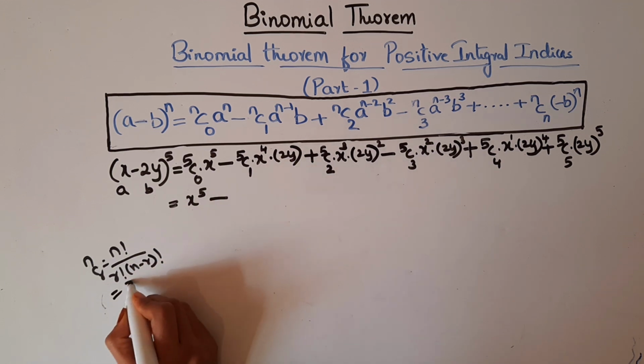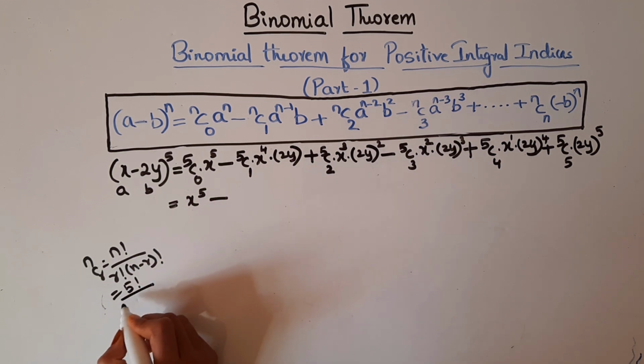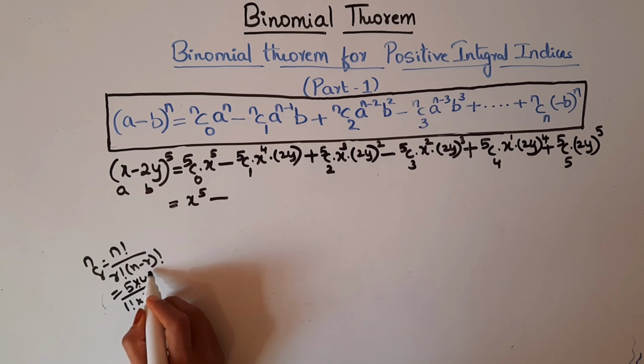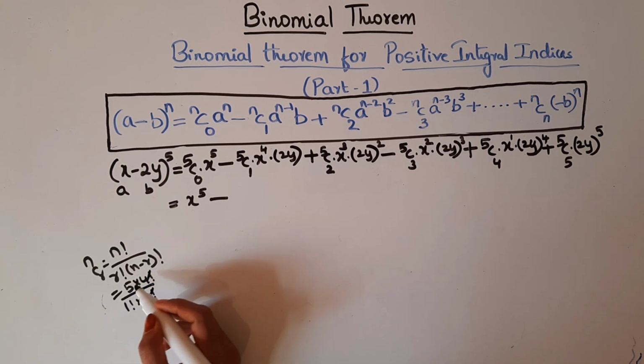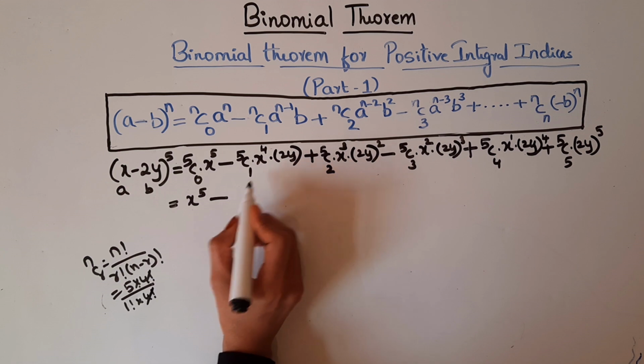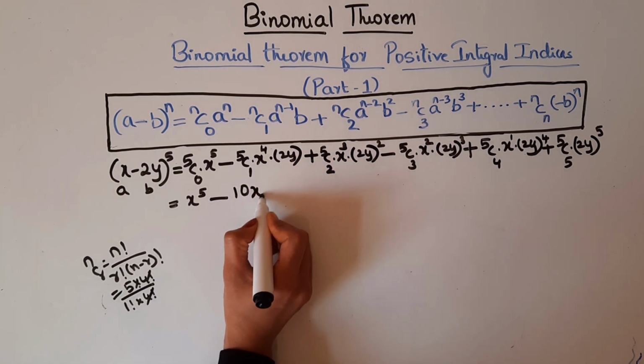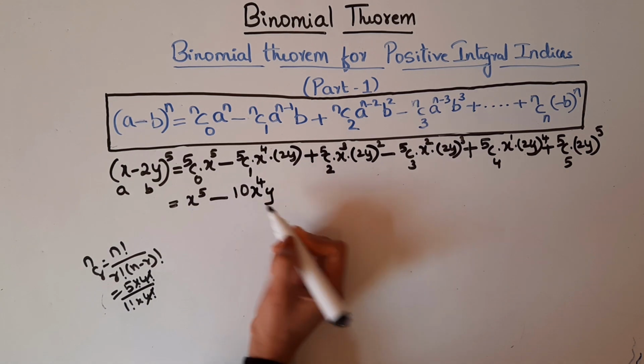So n is 5, so 5 factorial divided by r is 1, so 1 factorial into 5 minus 1 is 4, so 4 factorial. Here 5 factorial you can write as 5 into 4 factorial, right? So we are left with 5. So 5 into 2, 5 twos are 10. So 10x power 4 and y.